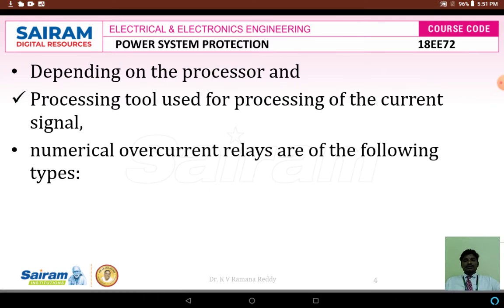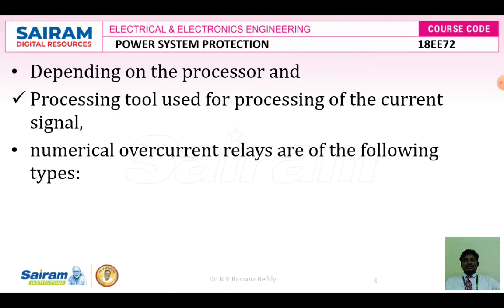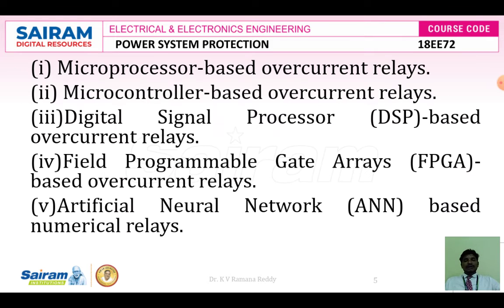Now, depending upon the processor and processing tool we use for processing the current signals, there are different types of numerical overcurrent relays. Let us see the various types of numerical overcurrent relays which are used to identify the fault and to generate a command signal to the circuit breaker to isolate the faulty section of the system from the healthy section of the system. So there are various relays.